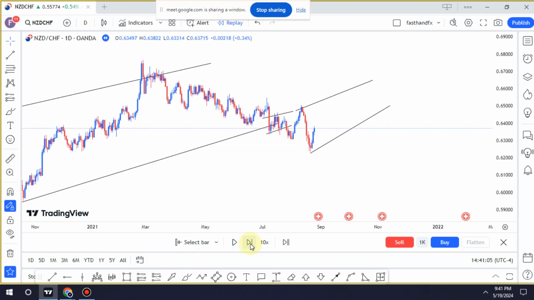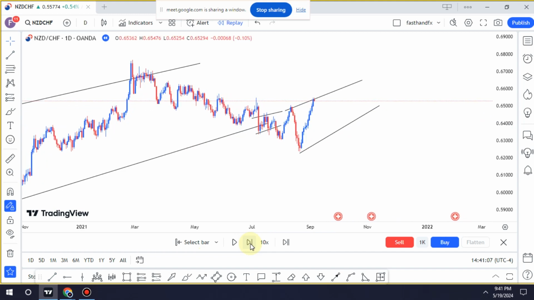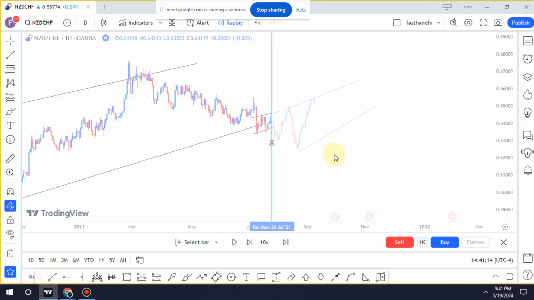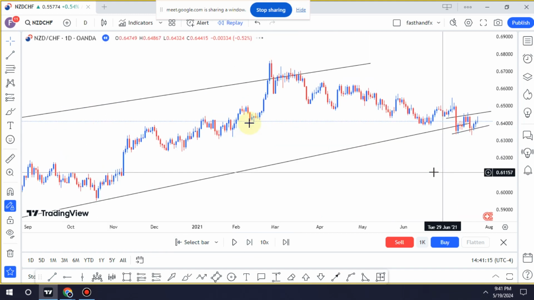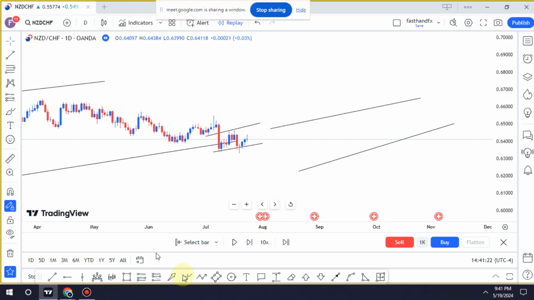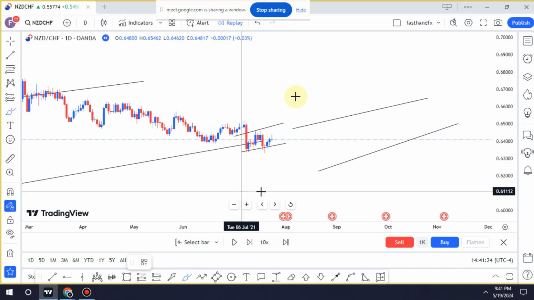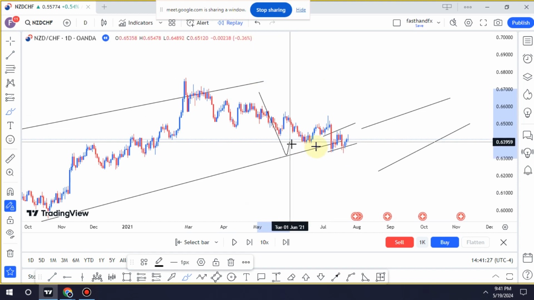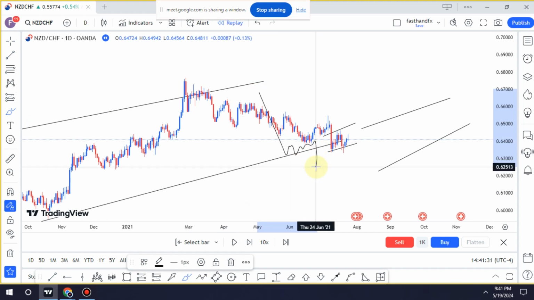Okay, now just a minute. All right, now look at this. Remember I said, let me have it right here. I said we should look for this kind of pattern, a smaller continuation pattern, then if it breaks, we must execute.